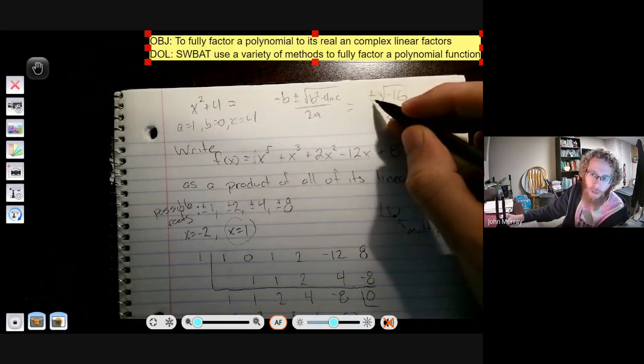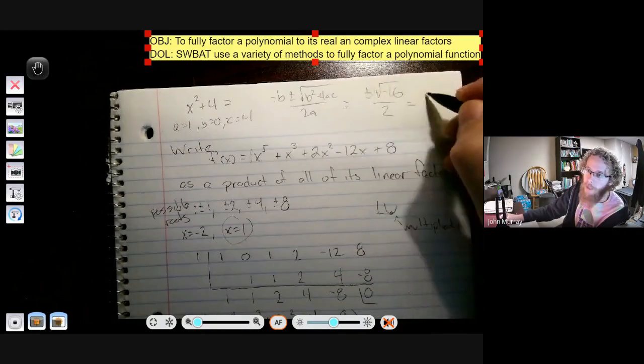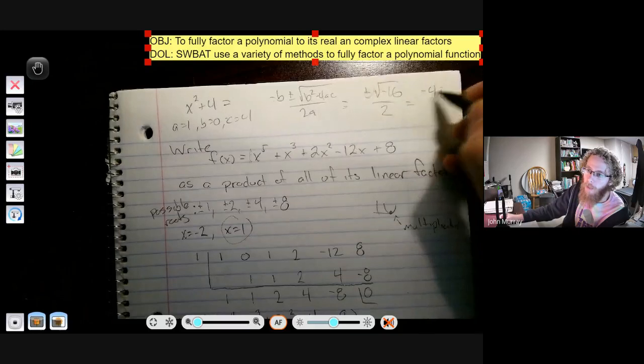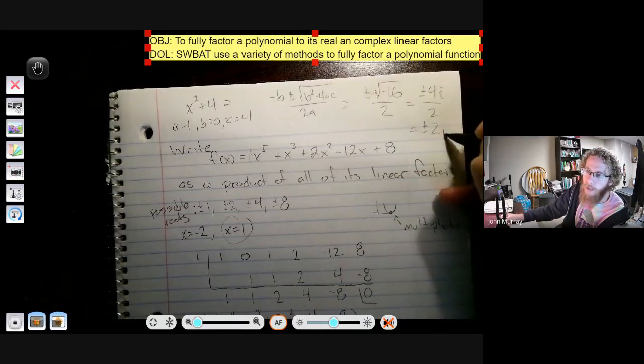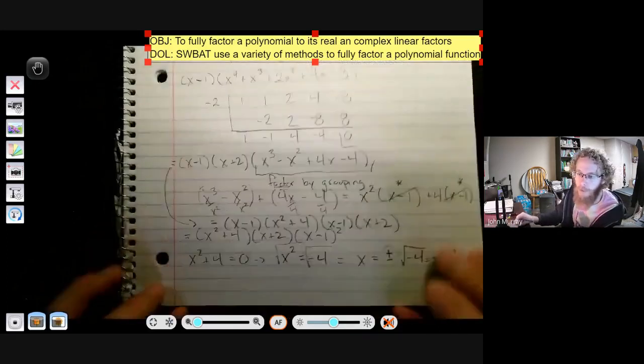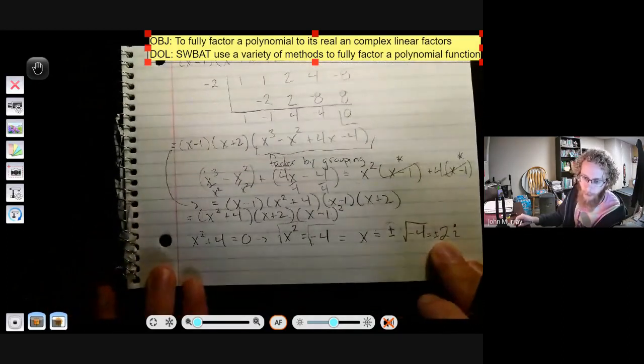Right, so here the plus and minus is already there. So then this would be plus or minus 4i over 2, which would give us plus or minus 2i. Okay, so those are both ways that we can do it.